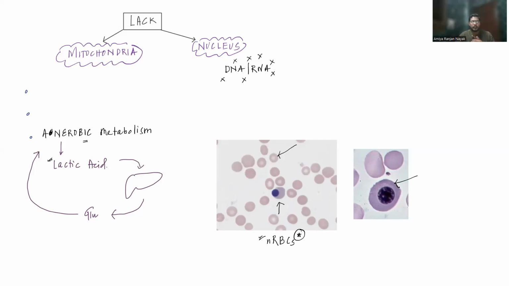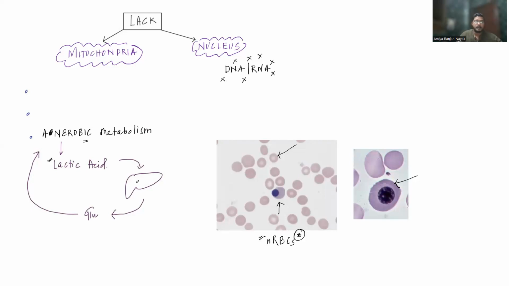This lactic acid will go from the RBC to the liver. In the liver, this lactic acid will be converted to glucose through the gluconeogenesis pathway. And this glucose will again come to the RBCs, where again they will undergo glycolysis and produce some ATPs. But whenever there is anaerobic metabolism, they cannot produce enough ATPs, because ATPs are produced in the electron transport chain or oxidative phosphorylation, which happens inside the mitochondria.